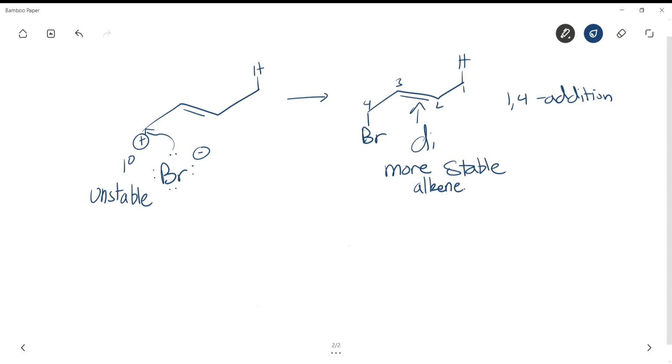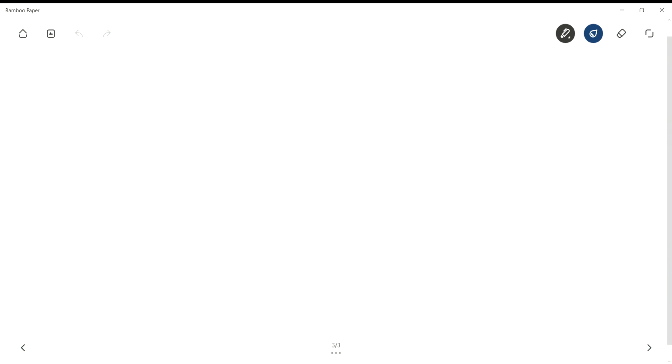Okay, so we have two conditions that we need to consider. The more substituted carbocation gives you the less substituted alkene, and the less substituted carbocation gives you the more substituted alkene. Okay, so how do we get around this? How do we figure out which reaction is going to take place? It matters with temperature.